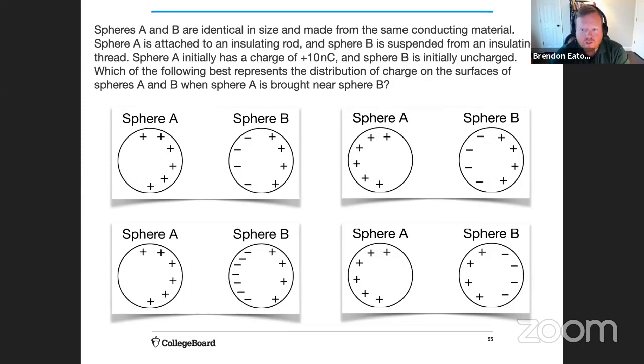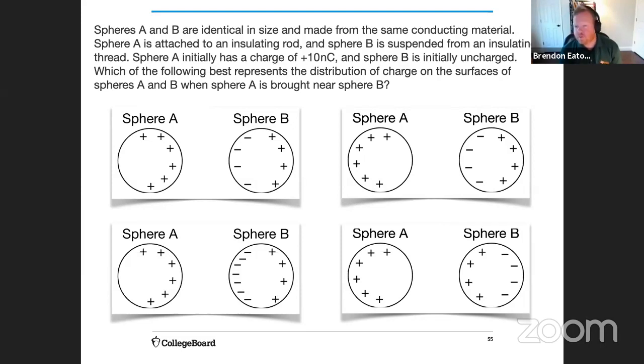Sphere A initially has a charge of positive 10 nanocoulombs, and sphere B is initially uncharged. Which of the following best represents the distribution of charge on the surfaces of sphere A and B when they are brought near each other? So notice that they are not touching, so we're not going to be distributing charge between the two spheres.